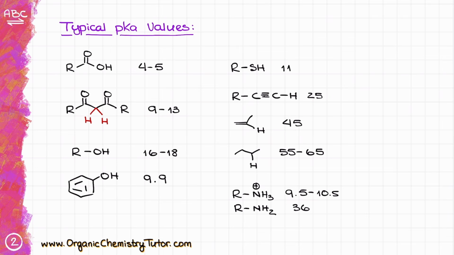On top of that, there are a couple of protonated species that might be a good idea to remember. When we have a protonated alcohol or an ether, something of that sort, those species are going to be typically at around -2, so they are fairly acidic.